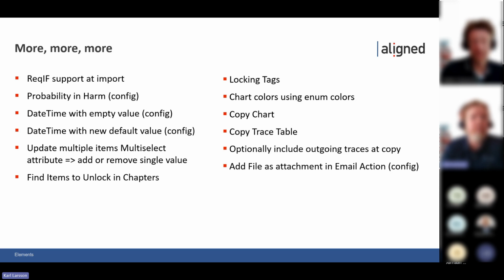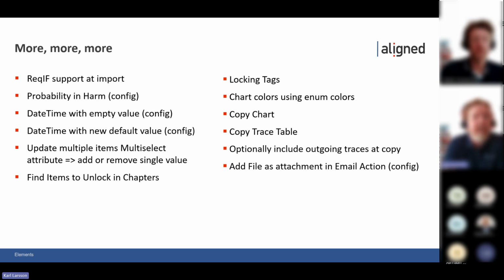These companies usually have standard lists for these hazardous situation and harm combinations, so they want to establish a fixed list with fixed parameters that they can reuse efficiently in their risk assessment. So that's a config parameter that can be added.